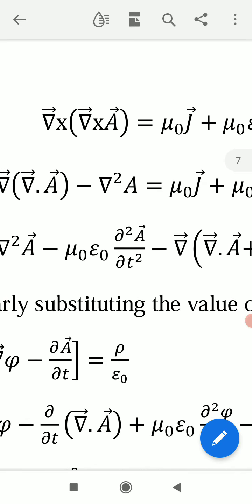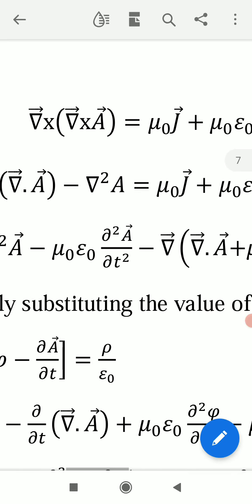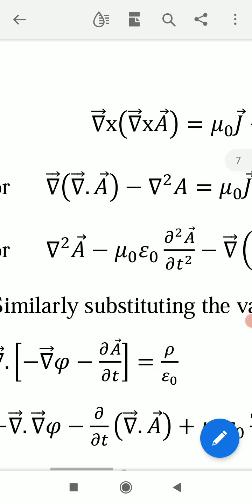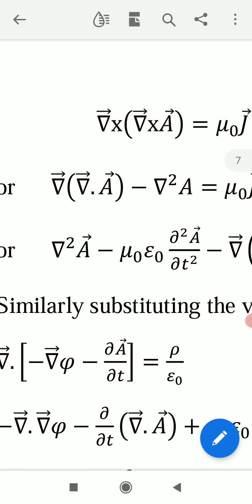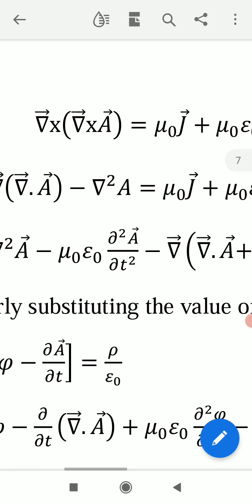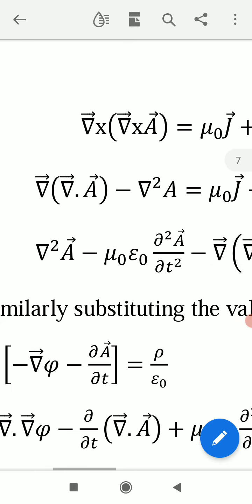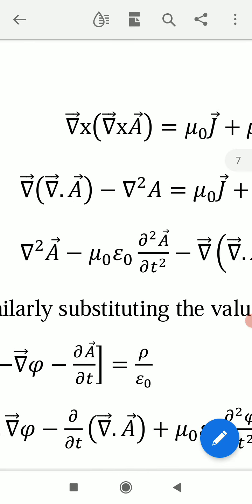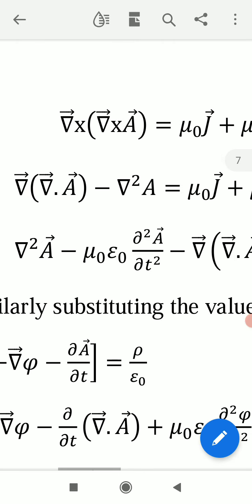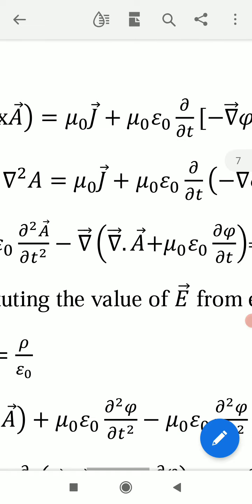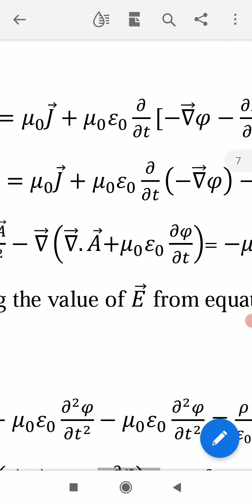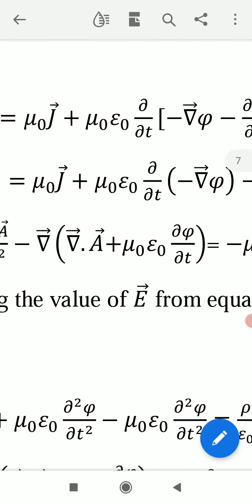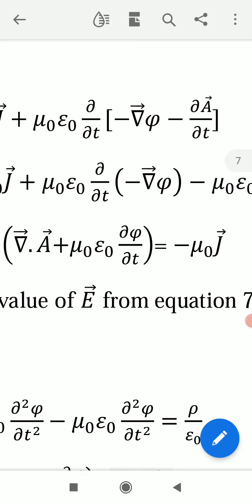And minus del of del dot A is the first term. Del dot A is brought to right hand side, then here it becomes minus del of del dot A. And in this term minus del is taken as common.